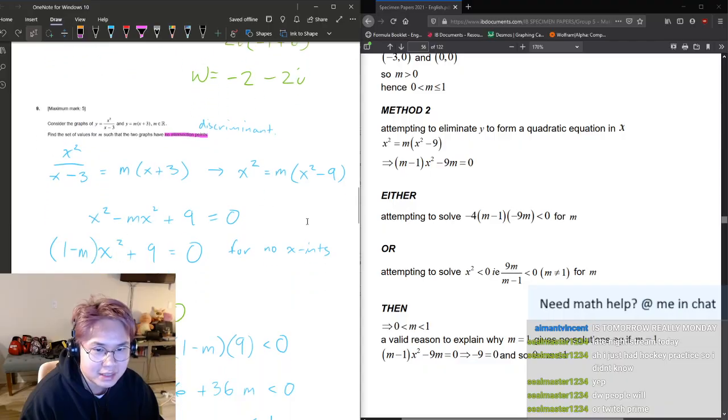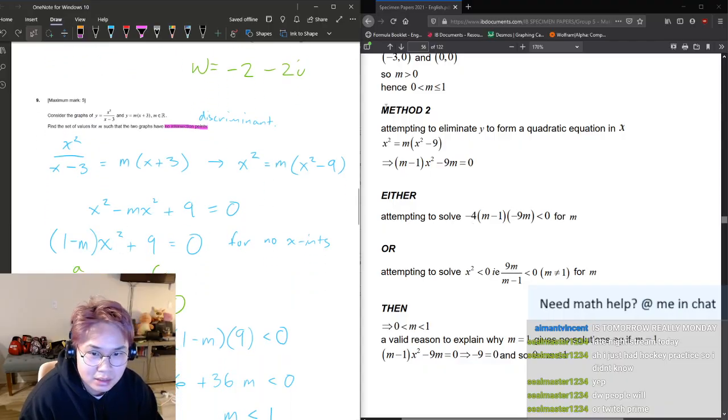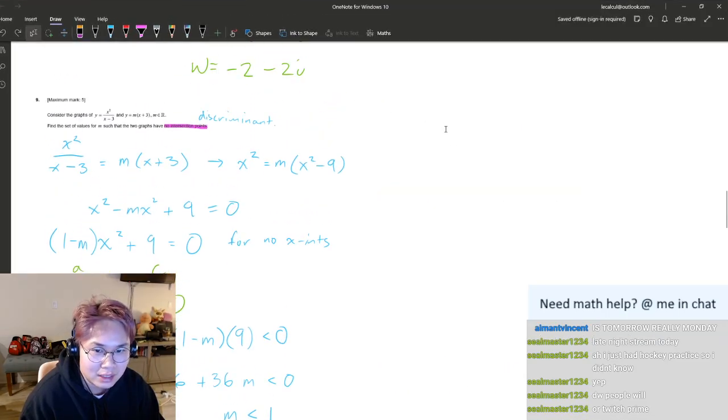Oh, I messed up. Shoot. So this one is a bad one. I forgot to multiply my m into the 9. Rookie mistake. So let's fix that real quick. If I multiply the m in, this gets an m, this gets an m. So this is 9m.